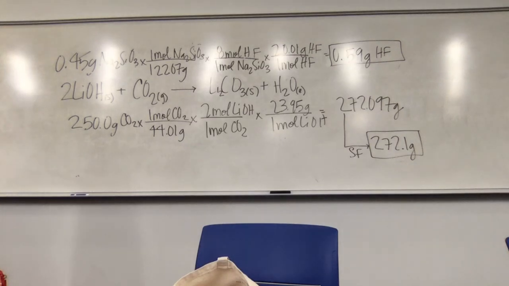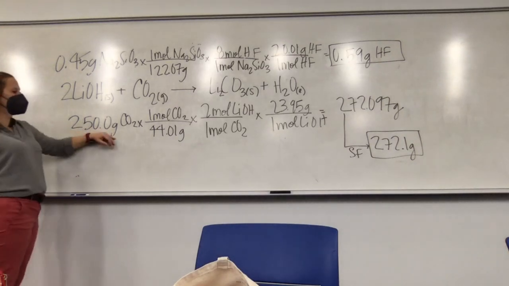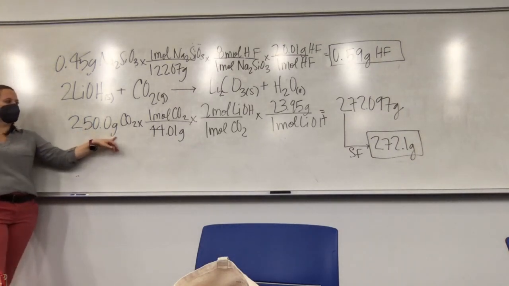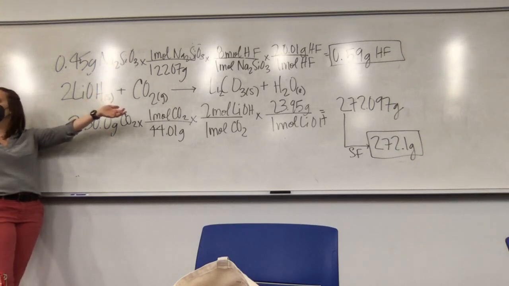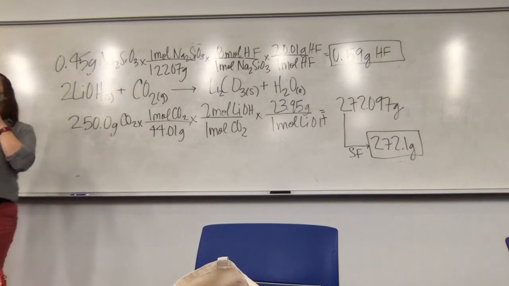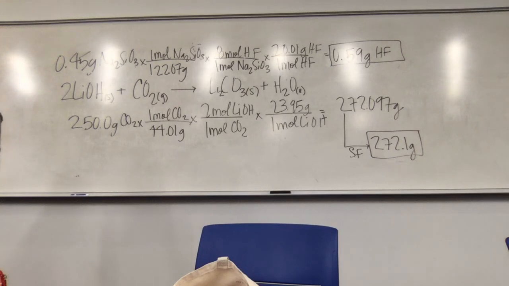We could also have said, if I had 250 grams of CO2, how much water did we make? Hopefully all of you feel relatively confident in your ability, using any mass and a balanced chemical equation, to convert to any other participant in the reaction.